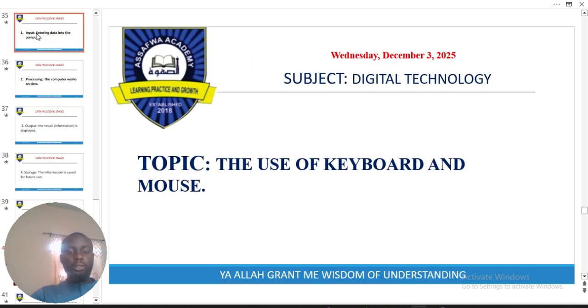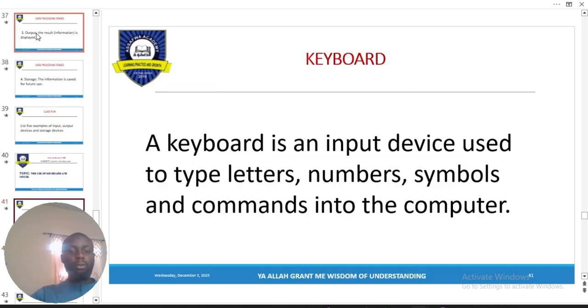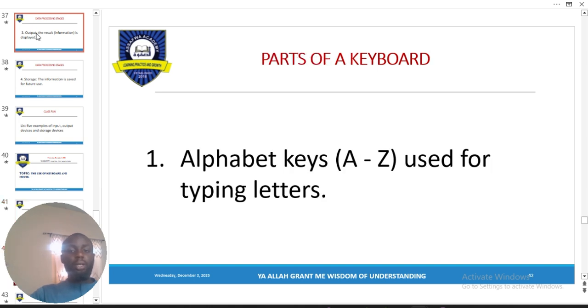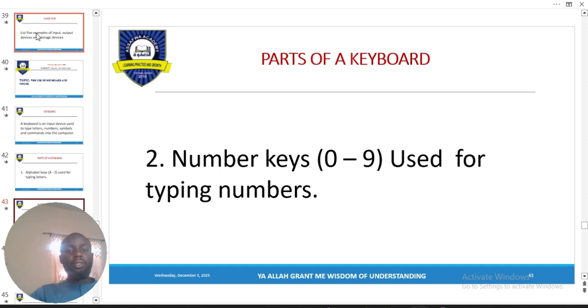So now going to the next topic, which is the use of keyboard and mouse. A keyboard is an input device used to type letters, numbers, symbols, and commands into the computer. So the parts of the keyboard, number one, we have the alphabet keys, which is A to Z, used for typing letters. And we have the second one, which is the number keys from 0 to 9, which are used for typing numbers.